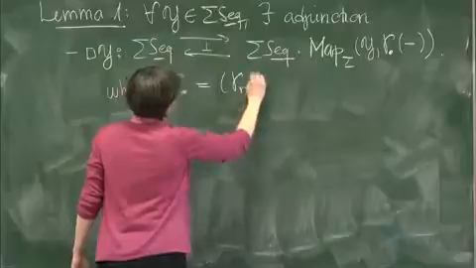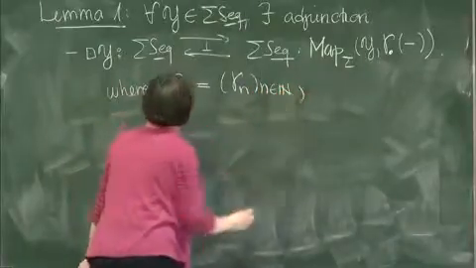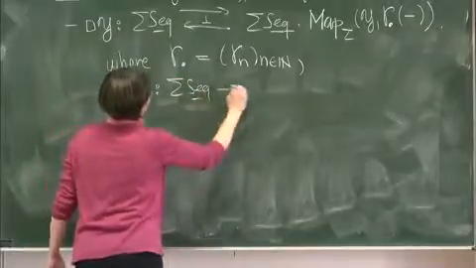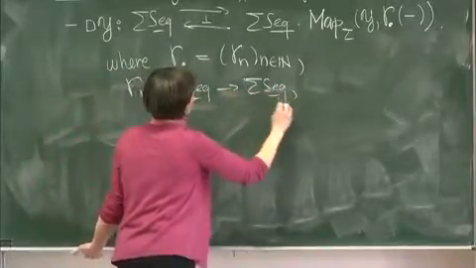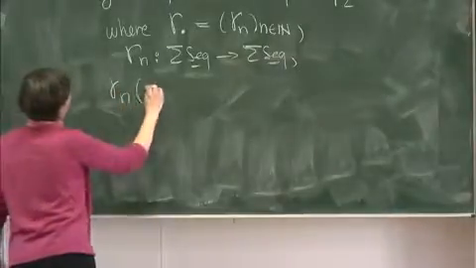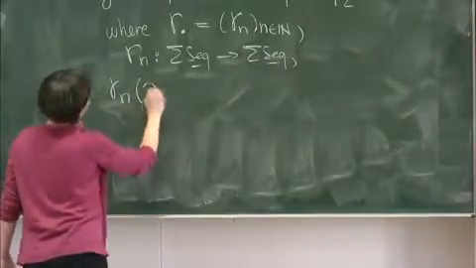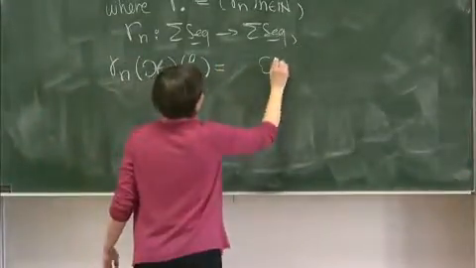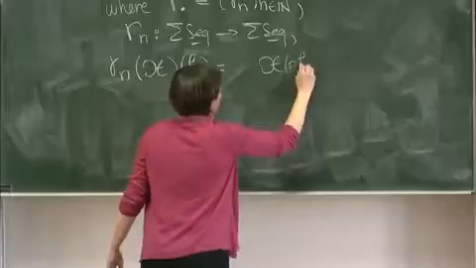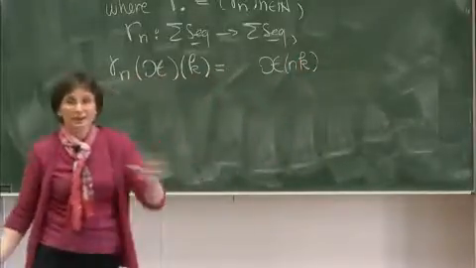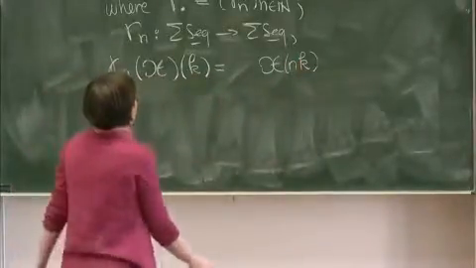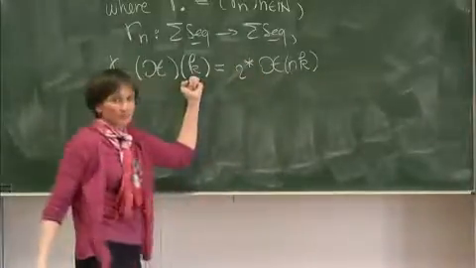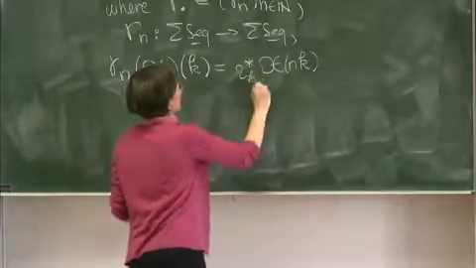Gamma dot is some collection of functors. Gamma n is a functor from symmetric sequences to symmetric sequences, such that if I apply gamma n to, let's say, x, in arity k, it's x in arity n times k, so you're going to have this multiplicative thing coming on, and then I pull this back to looking at it as something over.